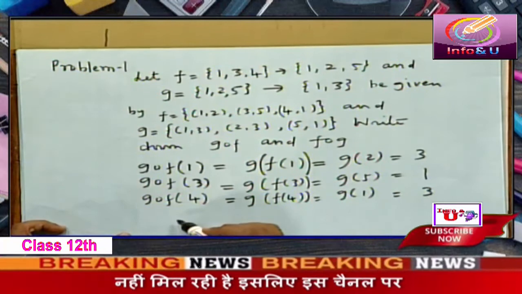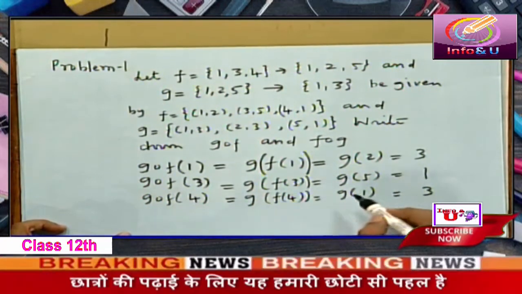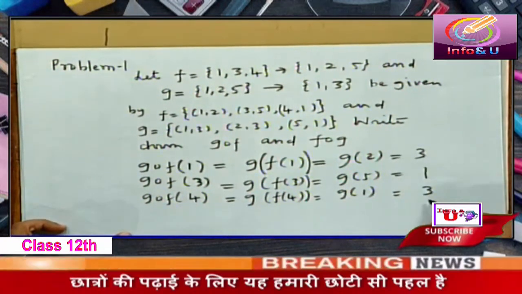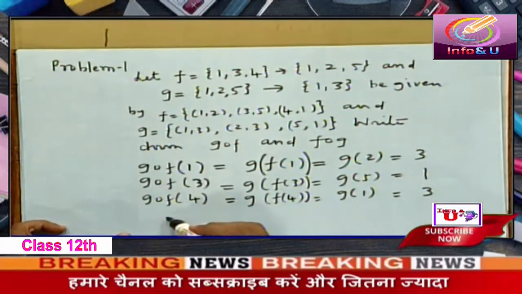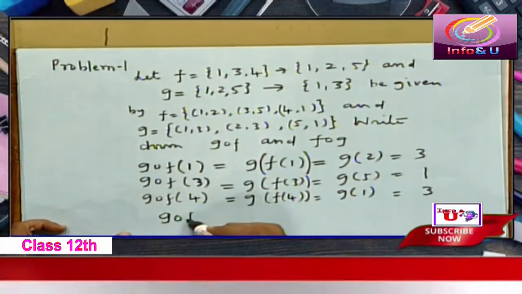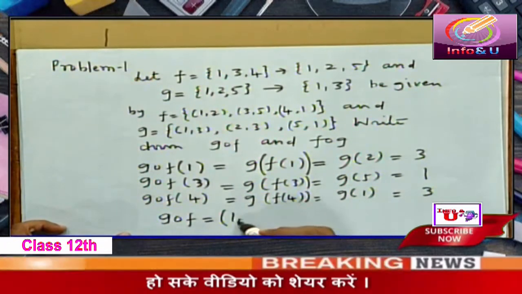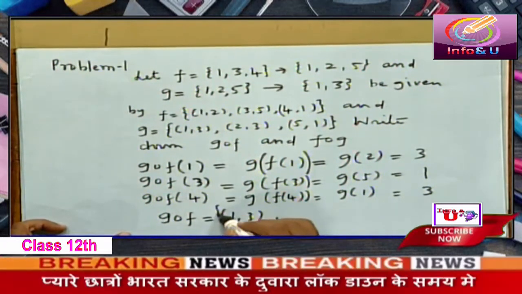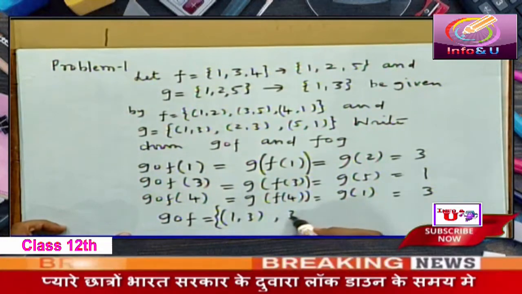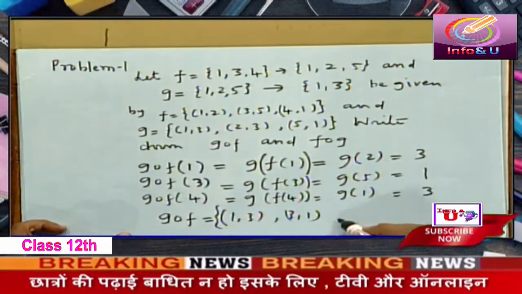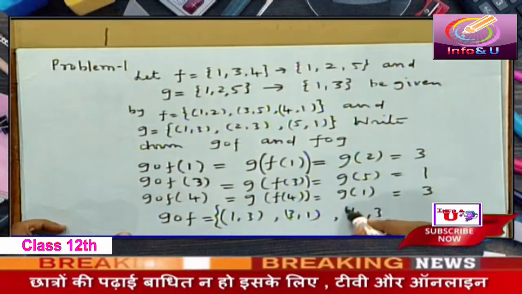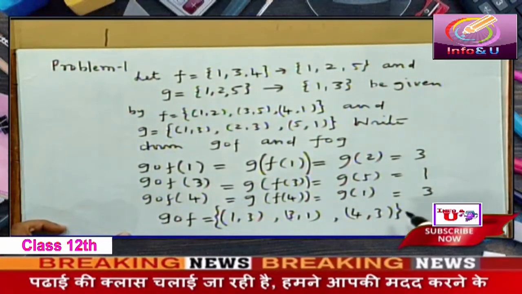So ultimately our image set is found. Thus GOF is merely 1 going to 3, 3 going to 1 and 4 going to 3. So this gives us GOF.